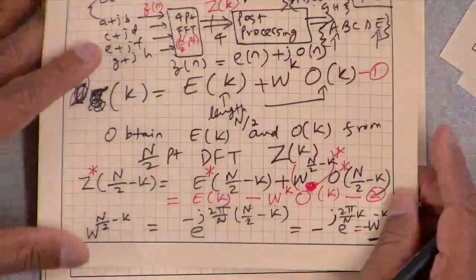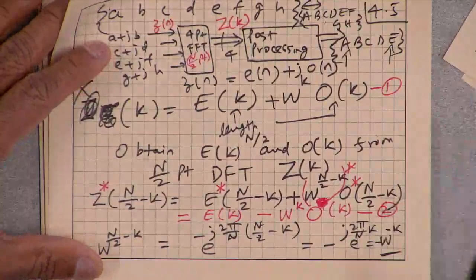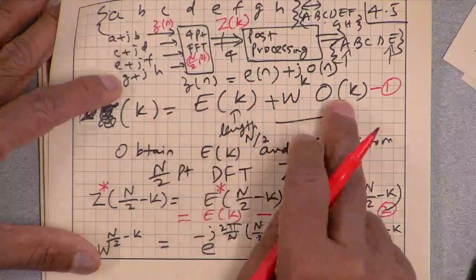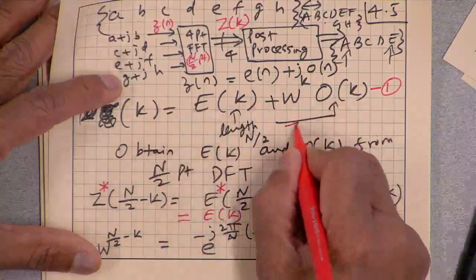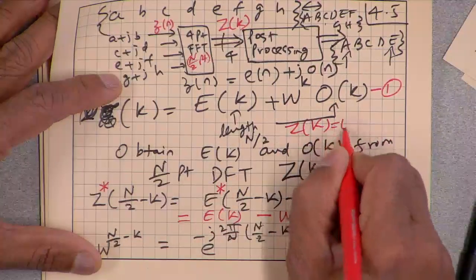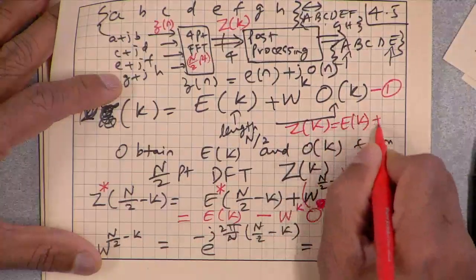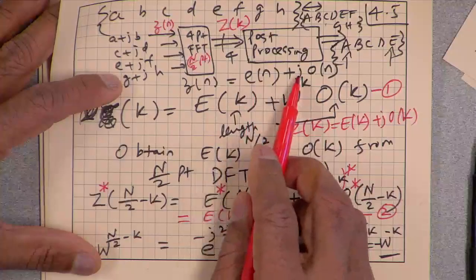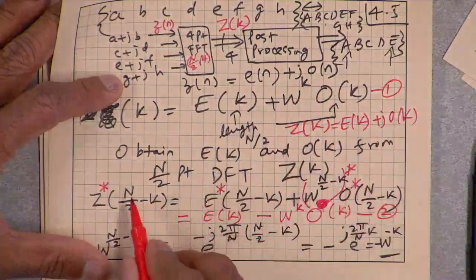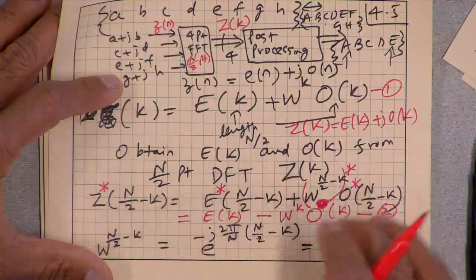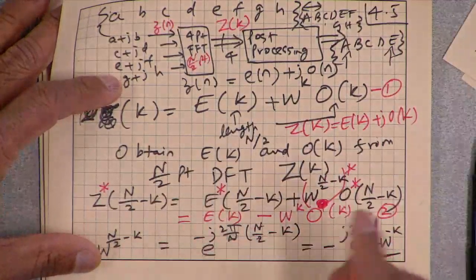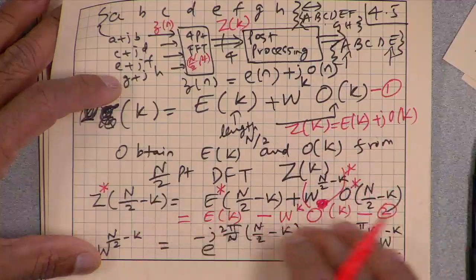But for zk, zk is simply equal to Ek plus j times Ok. So it's that DFT plus j times that, and then all of that is correct. I didn't need all of these things.